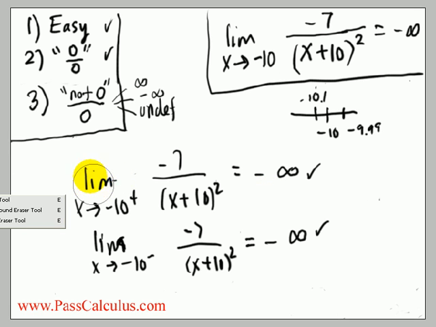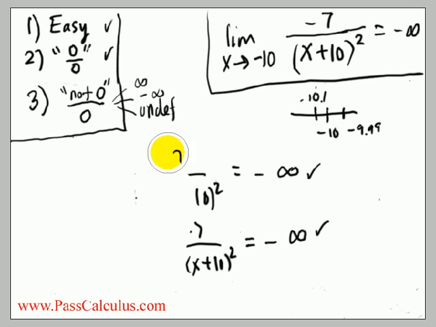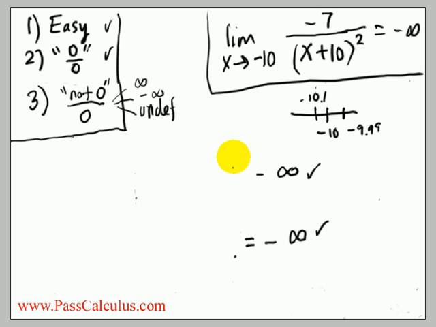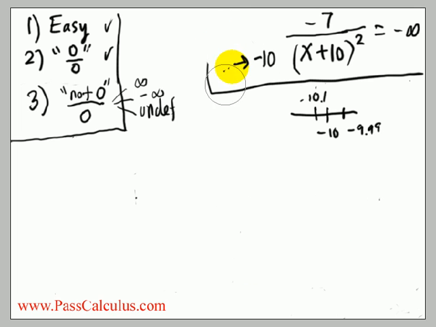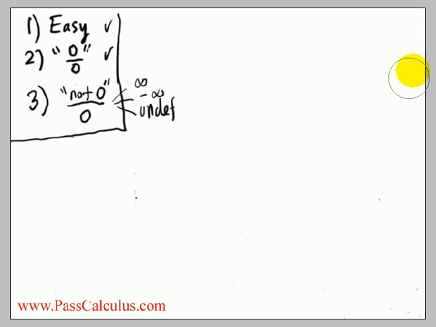Okay, so we're making good progress with understanding these limits, the type 3 kind. Let's boost up the difficulty just a little bit, and we'll look at some that are a little bit harder. How about this one?